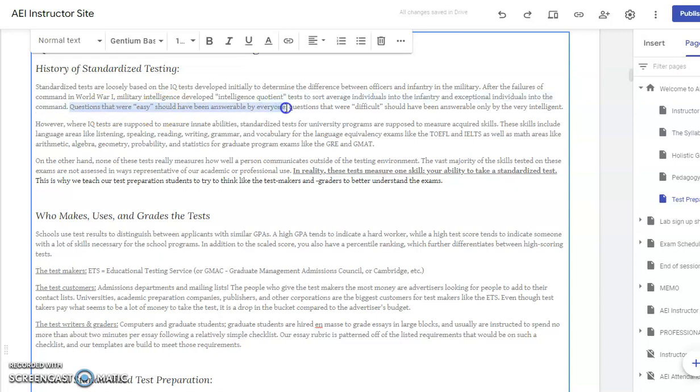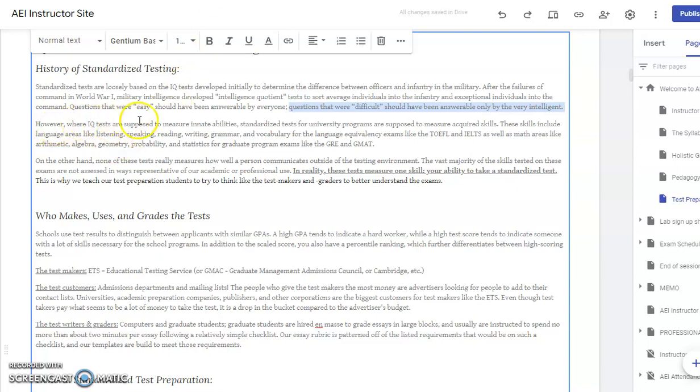Questions that are easy should have been answerable by everyone, whereas questions that were difficult should have been answerable only by the very intelligent and therefore presumably those who should be commanders. Although we may find in our experience that sometimes smarter people don't make the best leaders. Sometimes they do. It's not really an easy thing to measure just based on one factor like intelligence.